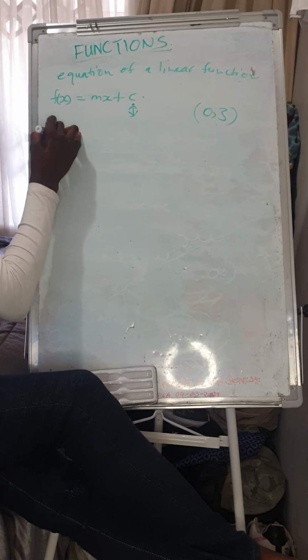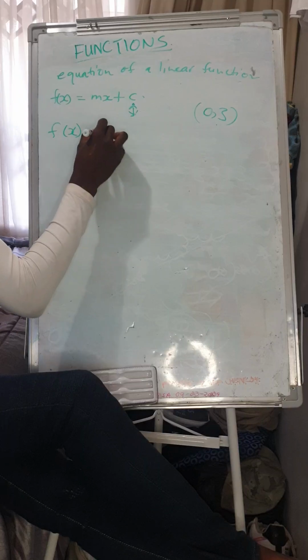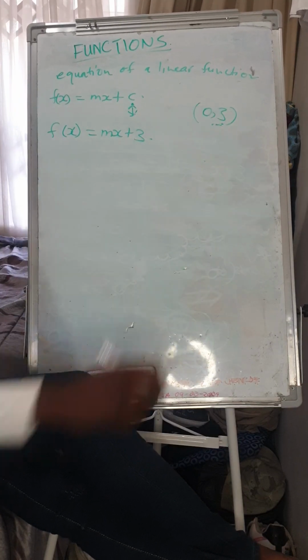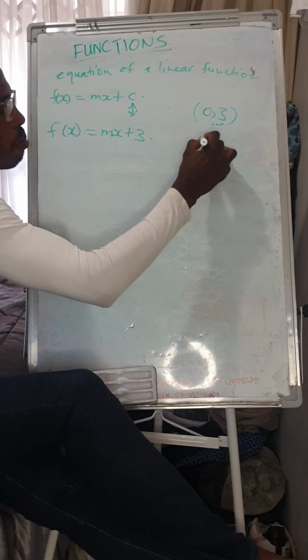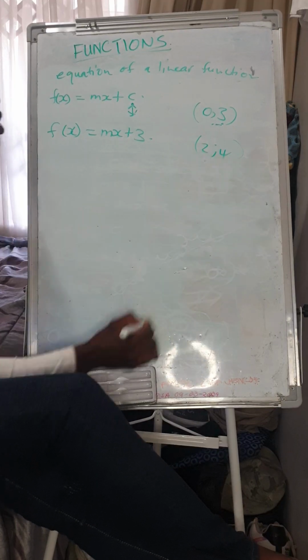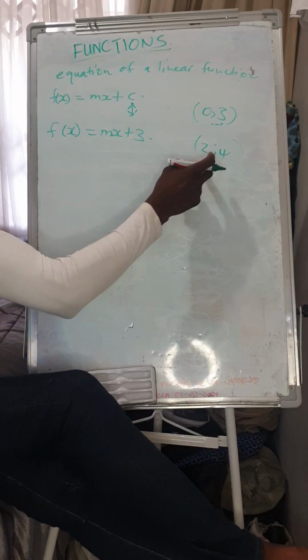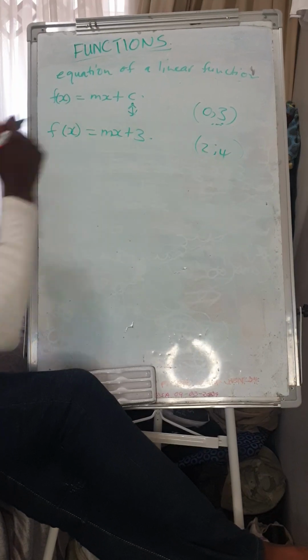So now you have f of x equals mx plus 3, corresponding to the y-intercept. But then you need another point. Now you are going to substitute this point into this whole thing.